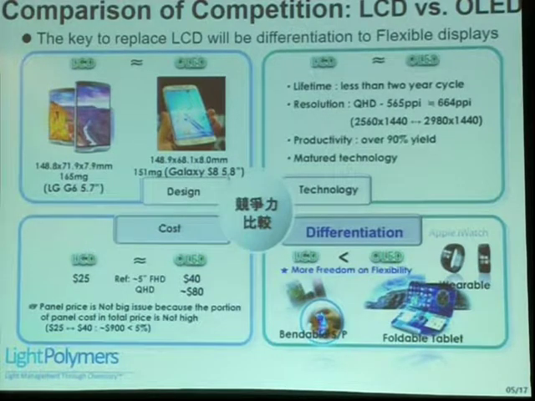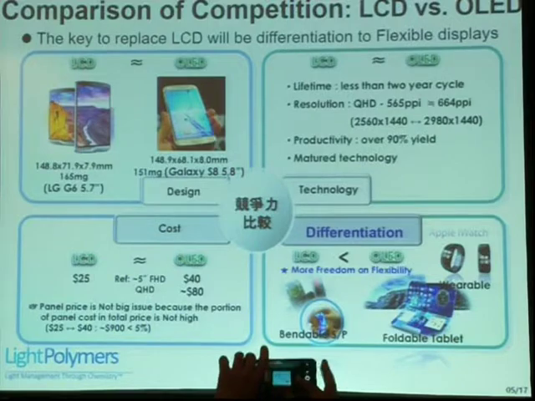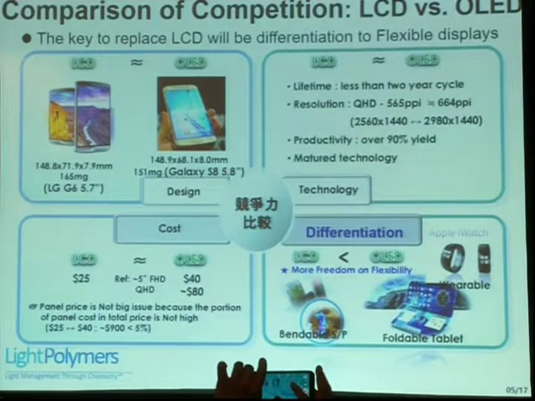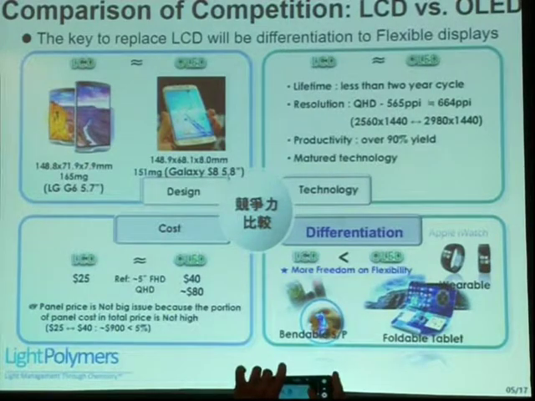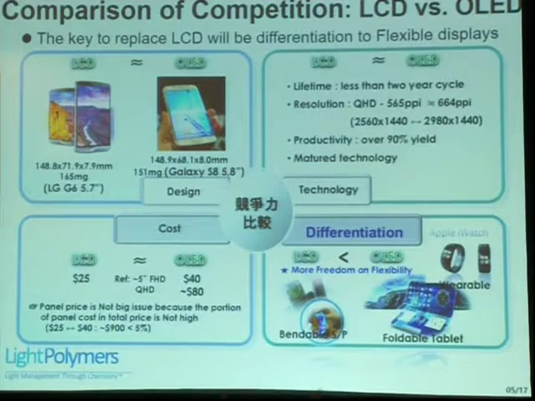You can see there are four categories: design, technology, cost, and differentiation. So the key to replace LCD will be differentiation to flexible display. In the design, there is no difference between the LCD and OLED.